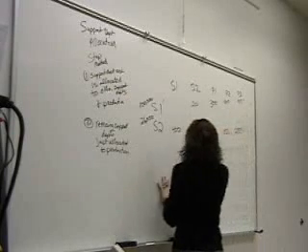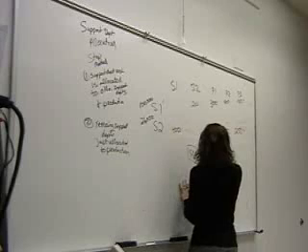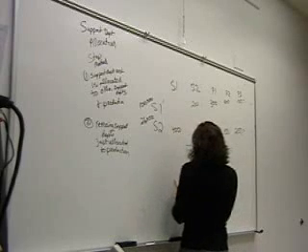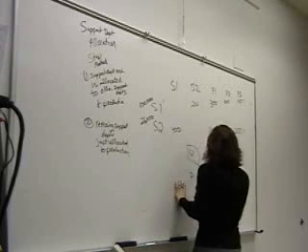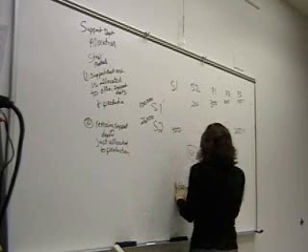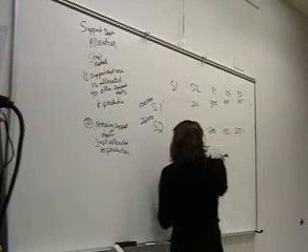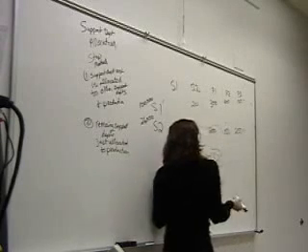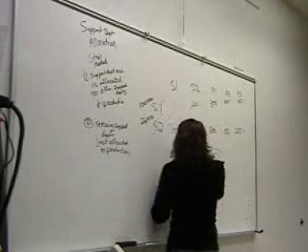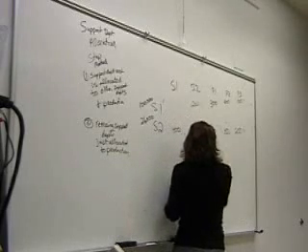So how this picture looks: 1, 2, 1, 2, 2, 3. In this case, janitorial is going to allocate to HR as well as the 3 production departments.